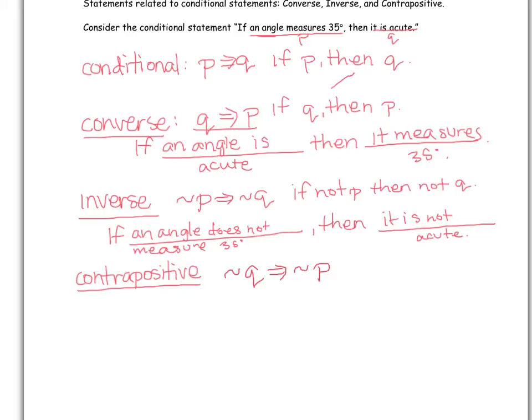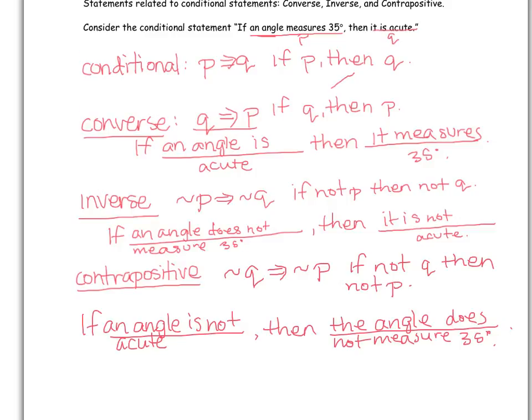So in this case, we would say if not Q, then not P. Which means in this case, that would be if an angle is not acute, then the angle does not measure 35 degrees.